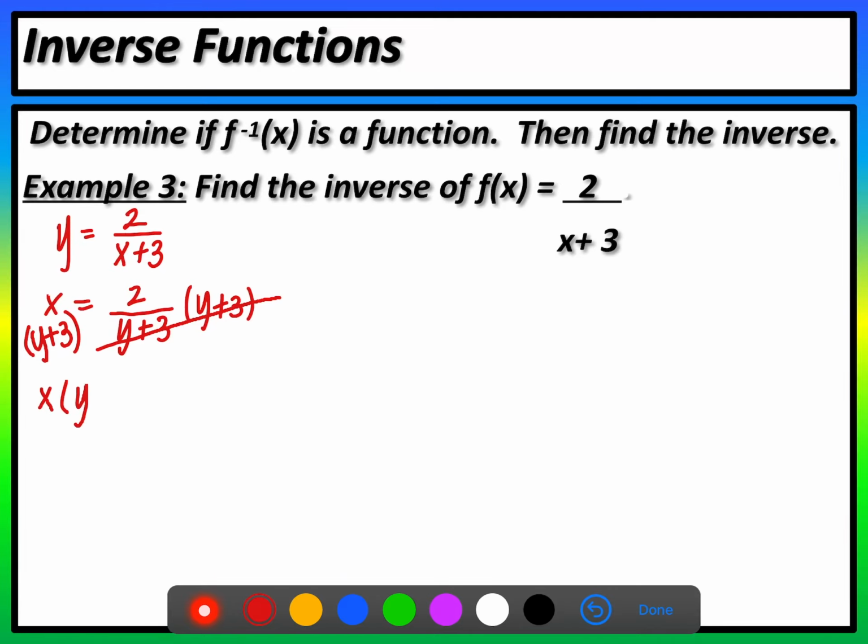So at least now it's not in the denominator. Now I have some more options when I'm trying to solve for that. Now, it's y plus 3 in the parentheses, and it's being multiplied by x. I still cannot get at the y. So there are two ways that we could do this.